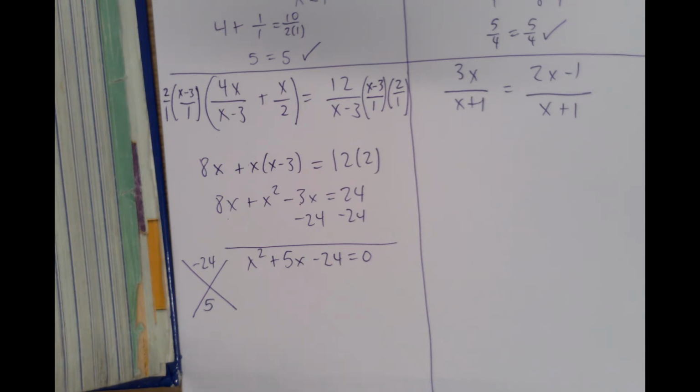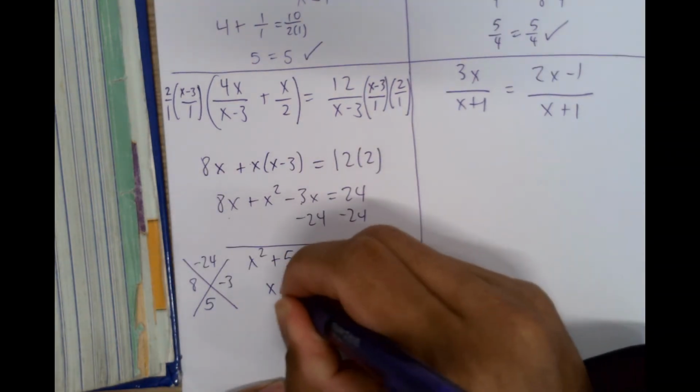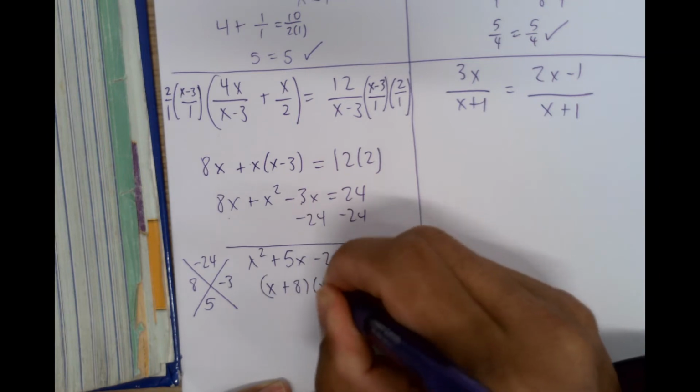Eight and negative 3, so 8 times negative 3 is negative 24. When added together equals 5. Looks like we have a winner here. So 8 and negative 3: x plus 8 times x minus 3 equals 0.